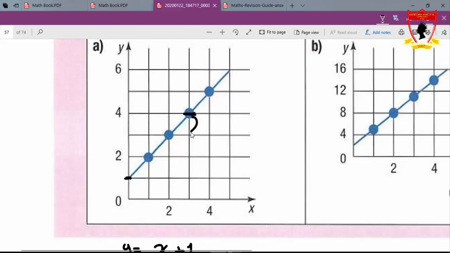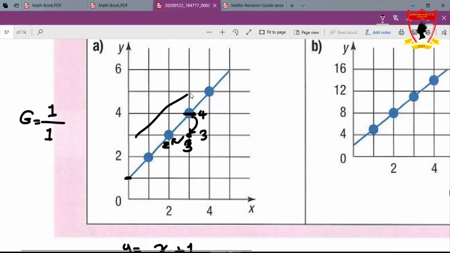If we go down one step to 3, this line is 4, this line is 3, this is one step, so we're going to say gradient m is equal to 1, which is the vertical step, over, in this point the x is 3, so when we come here the x will be 2, so it's also one step on the x-axis.